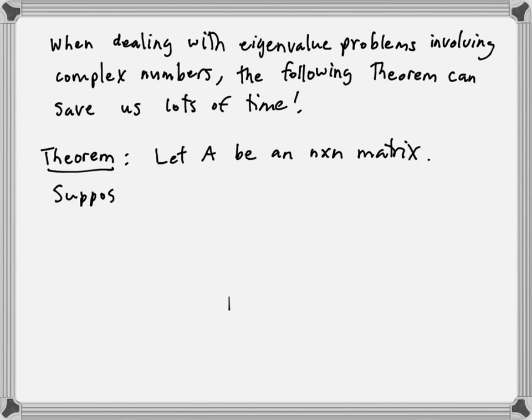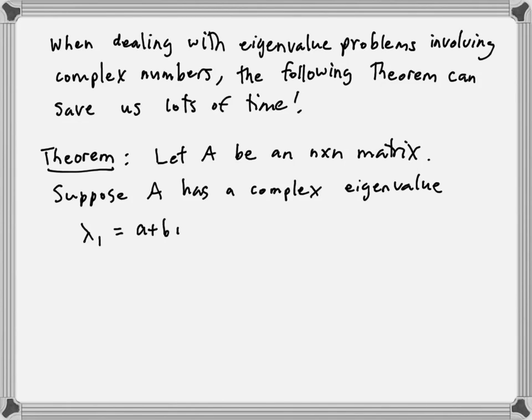Suppose A has a complex eigenvalue lambda 1, which we're going to call a plus bi.